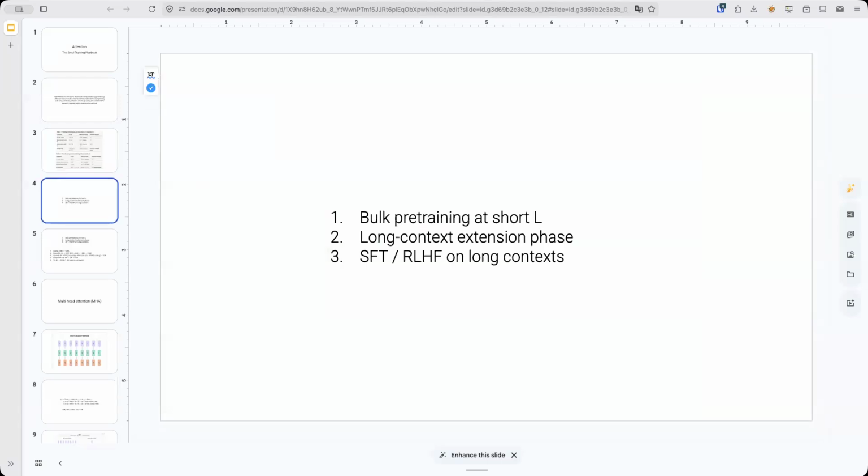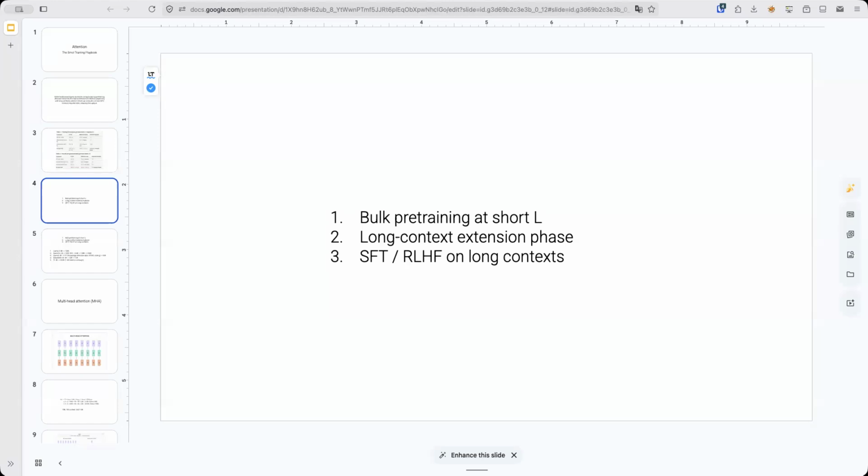Since we already started on this context length (L) change point, it's worth highlighting that pre-training usually comes in three stages in terms of context length.